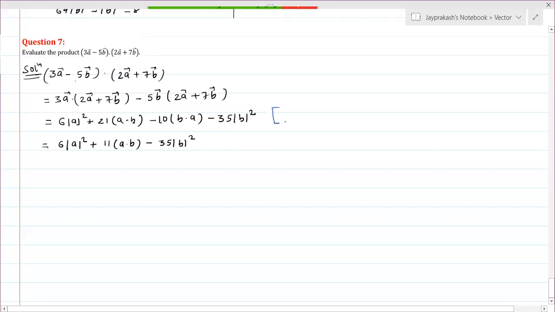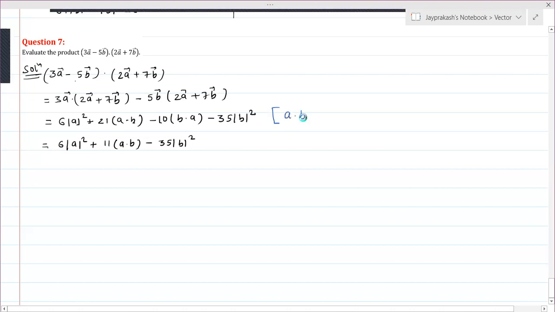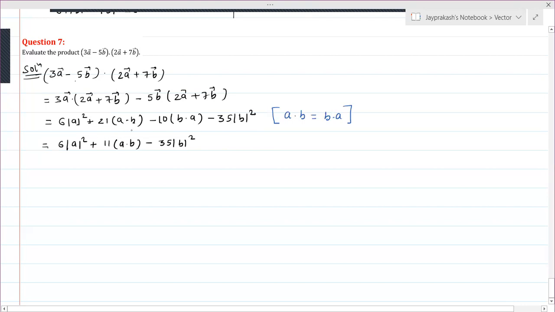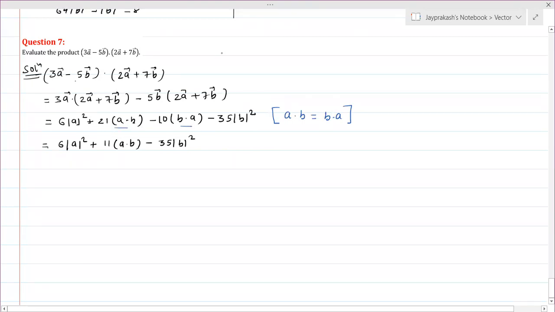Because when I explained the dot product or scalar product of vectors, I already clearly mentioned that A dot B is equal to B dot A. It is only possible in scalar products. So that's why we are considering these two terms as A dot B.